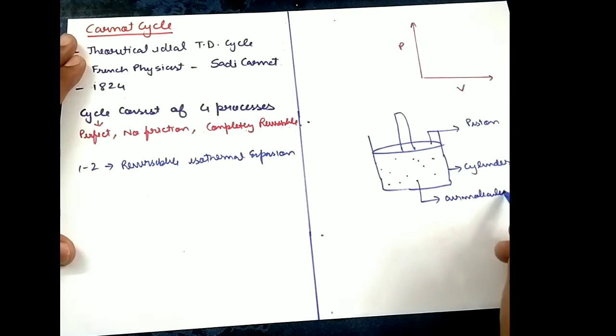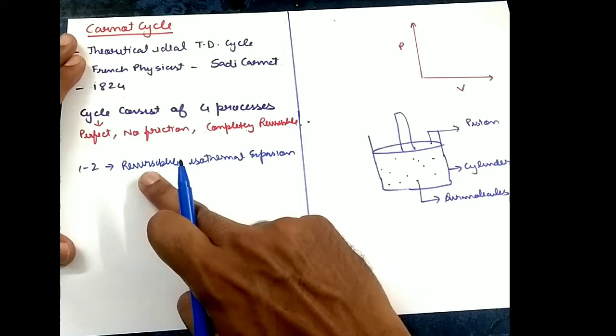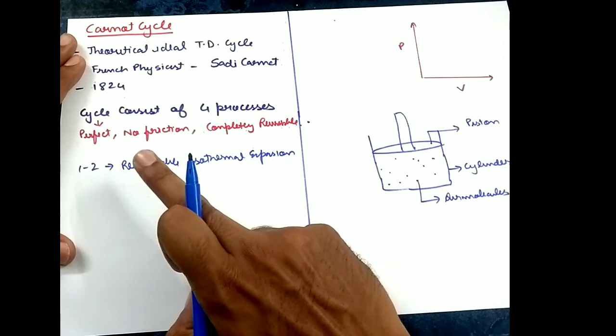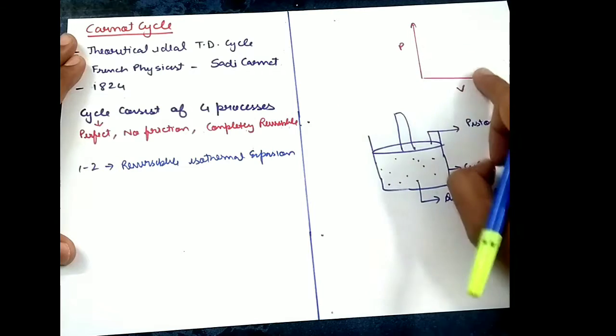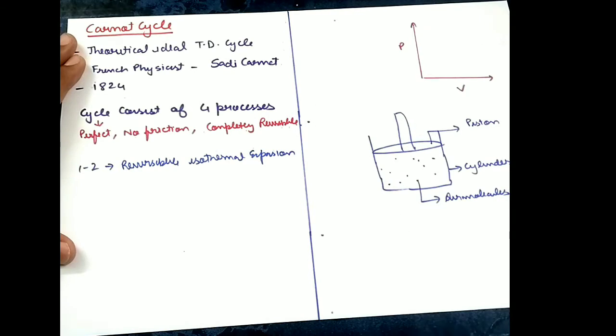Let's come to the first process, reversible isothermal expansion, word by word. What is reversible? Reversible means that the path can be retraced back to the initial path.